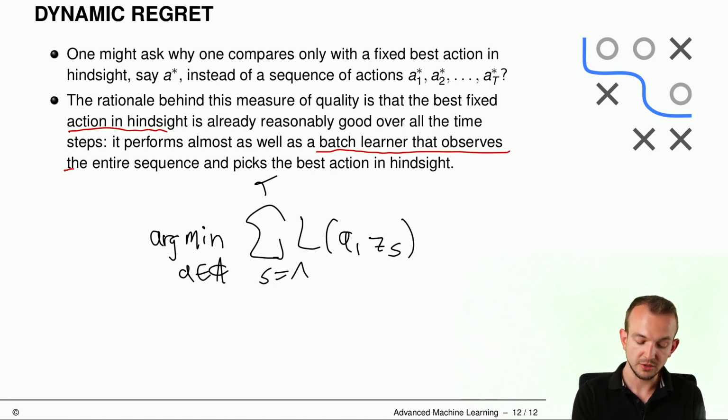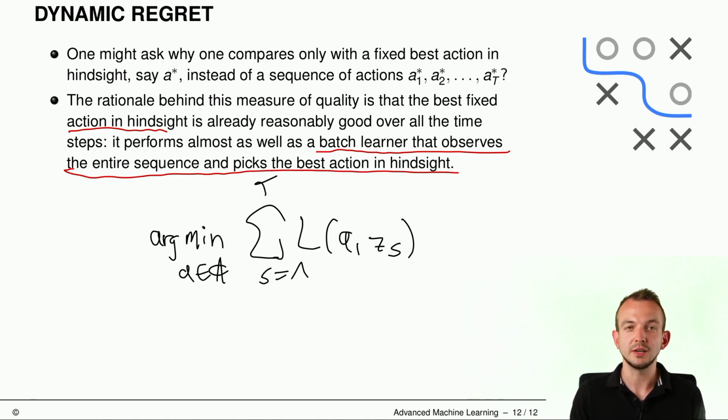So this best action in hindsight is, from a batch learning point of view, well motivated, because you're essentially doing the same. You are at a time step capital T, when the game has ended, and you're asking what is then the best action, which might correspond to an entire model, the best model in hindsight in some cases.